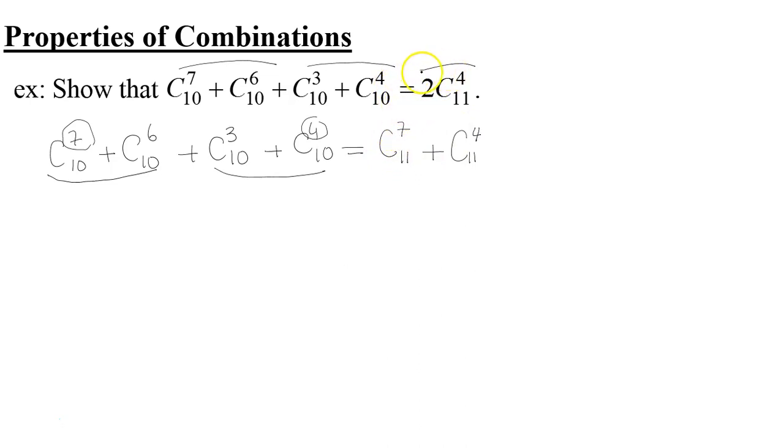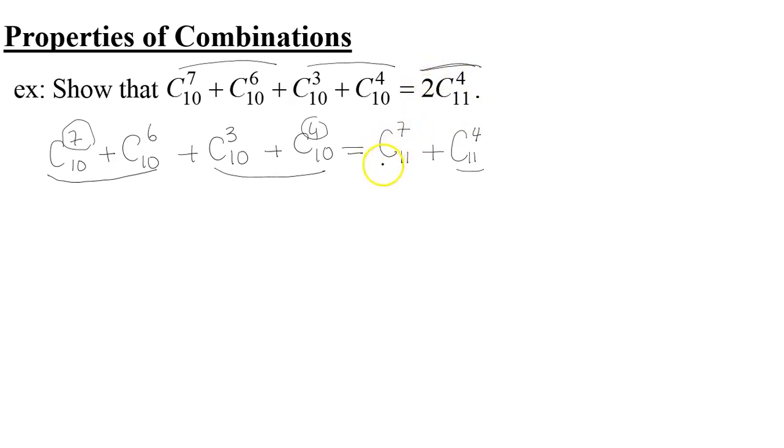Now, if we look at what's required to prove, what's required to prove is, in fact, 2 times the combination of 4 out of 11. However, if we look here, we did end up with 1. So we still need the sum of 2 combinations of 4 out of 11 in order to reach the result that we are aiming to prove here.